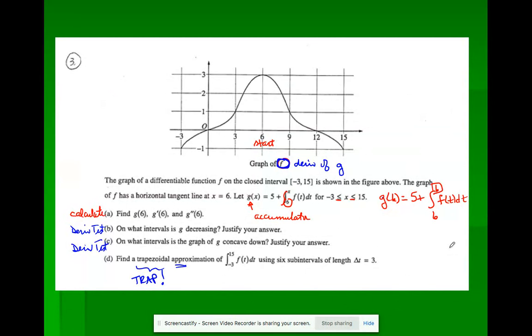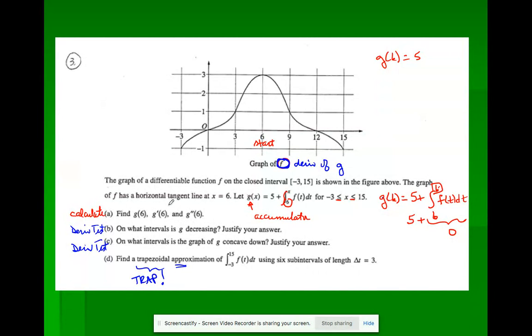And for x, they want you to plug in 6. So what is any integral when you start and stop at the same place? But don't forget you have 5 here. Right? So g of 6 is equal to 5.